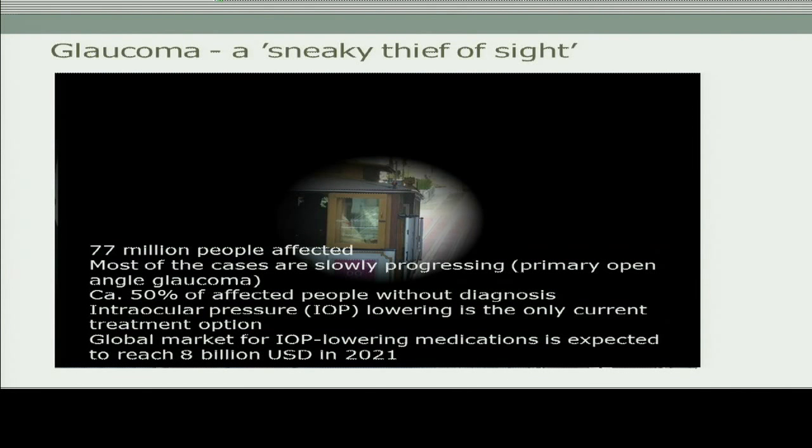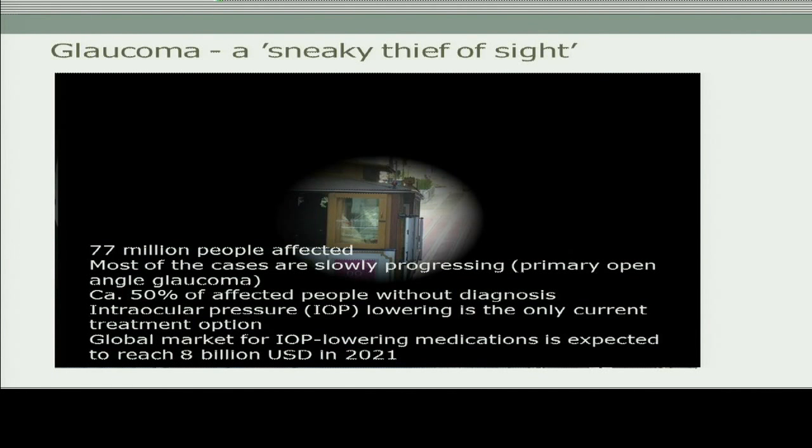This is mostly so-called primary open-angle glaucoma, and this also means that most of the people don't know that they have glaucoma. Some estimates say that even 50% of people don't have a valid diagnosis. The treatment options are currently pretty limited.